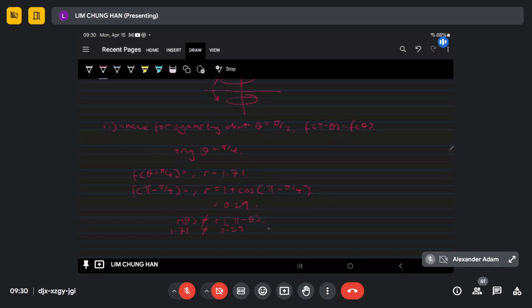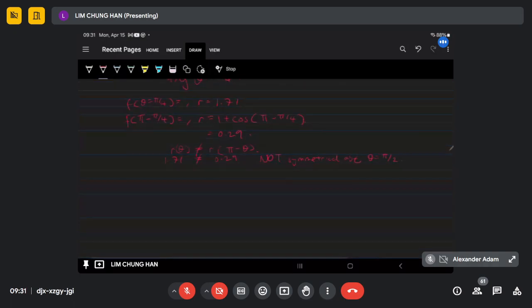Therefore, it's not symmetrical about the vertical axis. So when we do this check, we want to see whether whatever we have on one side can be mirrored on the other side or not.